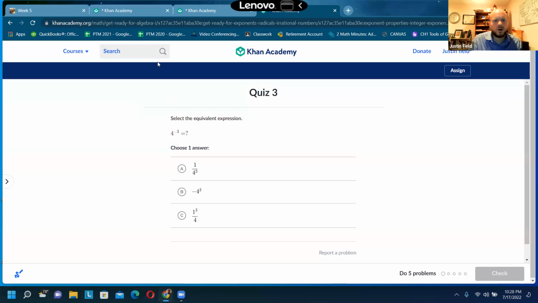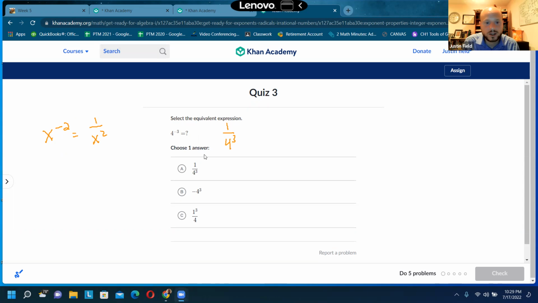Okay, so the last rule about exponents that you'll need to know is the negative exponents. What does that mean? What that means is the reciprocal of a positive exponent. So x to the -2nd is the same as 1 over x to the +2nd. 4 to the -3rd is the same as 1 over 4 to the +3rd.